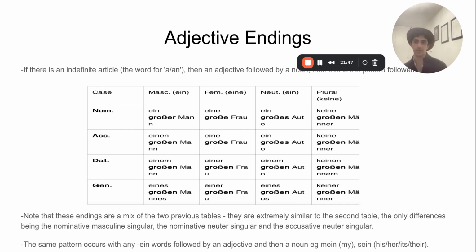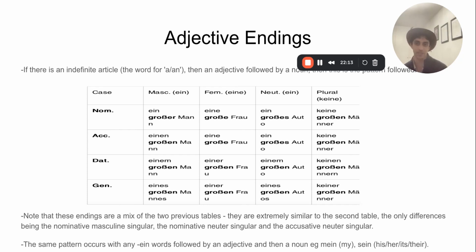The third pattern then that we're going to look at, and the third table, is when there is an indefinite article, the word for a or an, first, and then an adjective, and then the noun it's describing. In that case, there is a slightly different pattern which is followed. Although this third table, I should say, is essentially a mix of the first two.